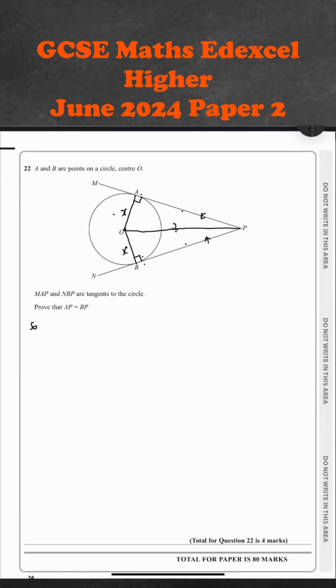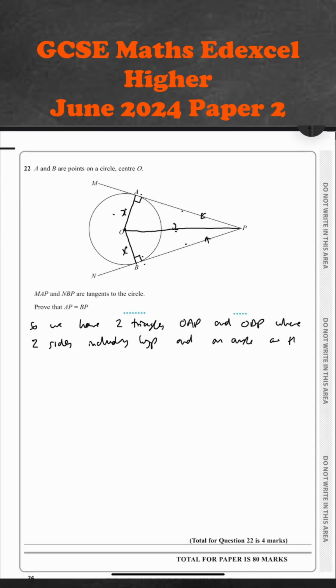So I'm going to say, we have 2 triangles, OAP and OBP, where 2 sides, including the hypotenuse, and an angle are the same.